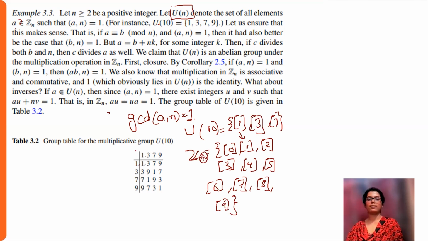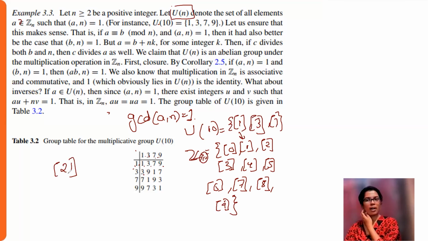So 1 multiplied by 1 is 1. 1 multiplied by 3 is always 3. 7 multiplied by 1 is 7. 9 multiplied by 1 is 9. 3 multiplied by 1 is obviously 3. 3 multiplied by 3 is 9, and 9 is in the group, so it doesn't matter. Now 3 multiplied by 7 is 21.